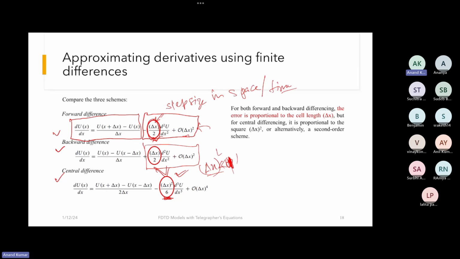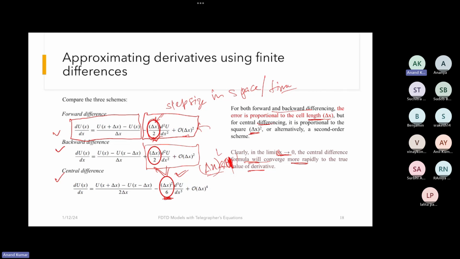And since it is a fractional value, if you keep squaring it, it will become much smaller. Hence the error in forward and backward difference is proportional to the cell length, but for the central difference it is proportional to the square of the cell length. And in the limit, if delta x tends to 0, the central difference formula will converge more rapidly.